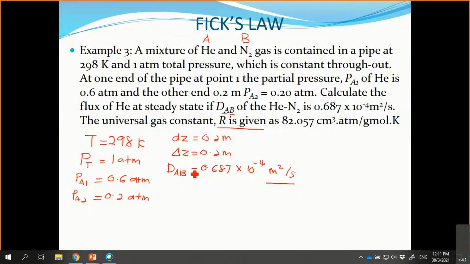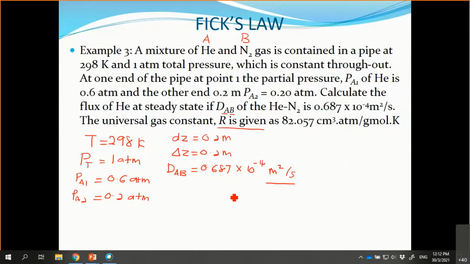But we are talking about the diffusion coefficient. If you see it in a logical way, we want to see how fast helium is diffusing into nitrogen. That is the basic understanding of a diffusion coefficient: we want to see how fast something is happening.